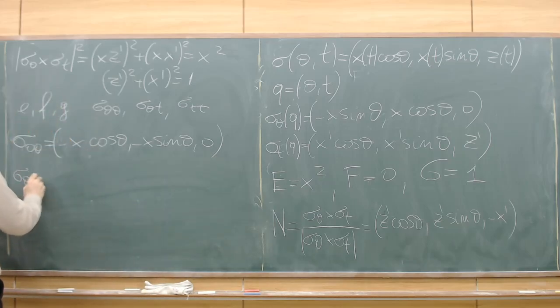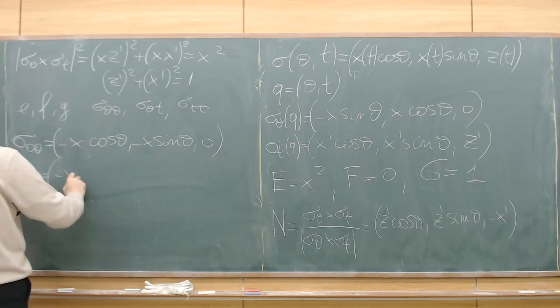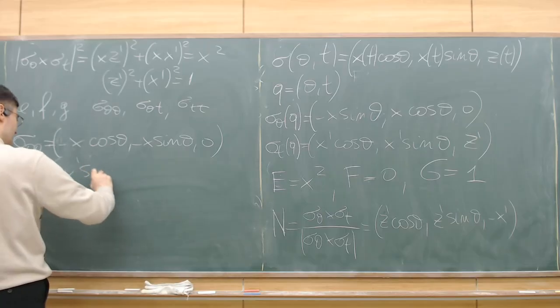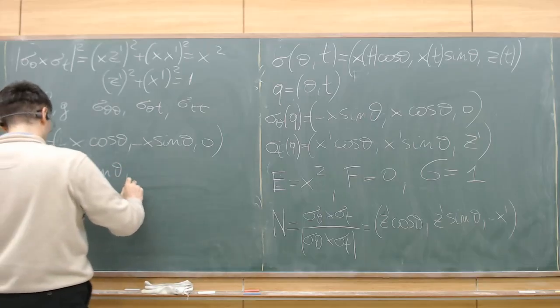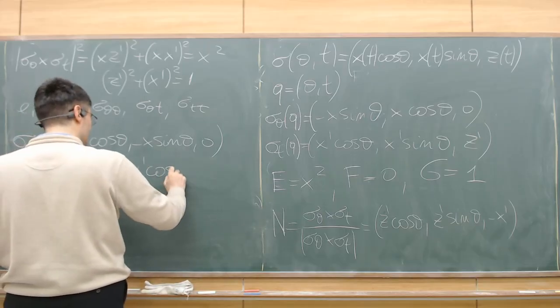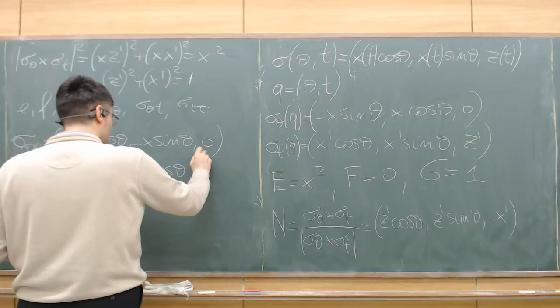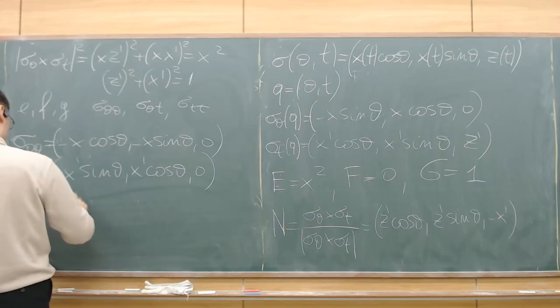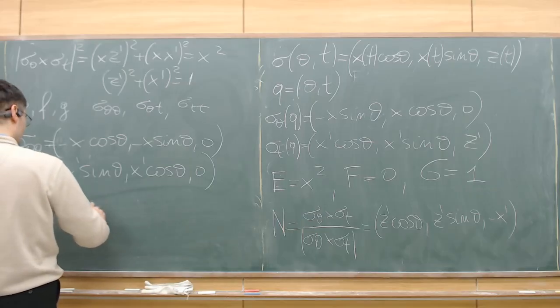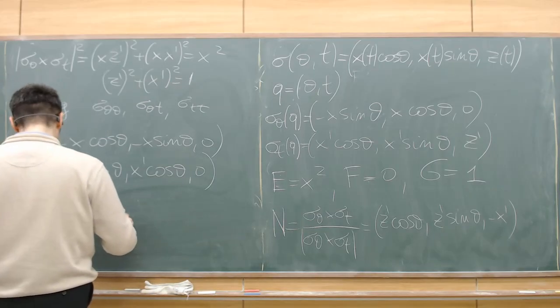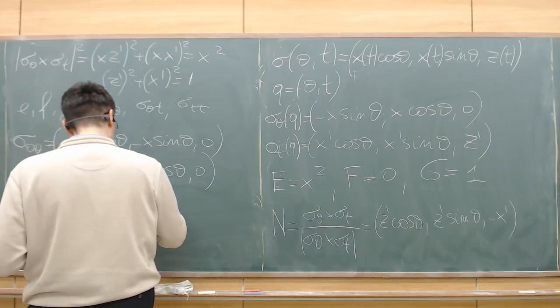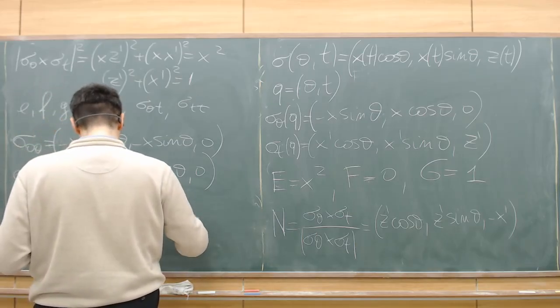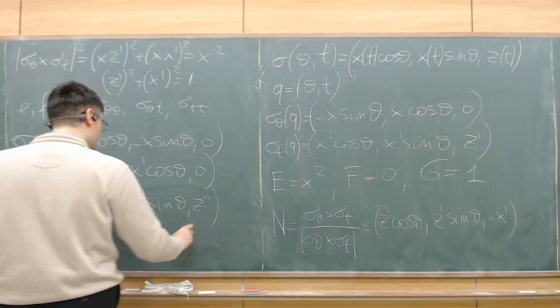Sigma theta t is minus x prime sine of theta, x prime cosine of theta, 0. Sigma tt is x second cosine of theta, x second sine of theta, z second.